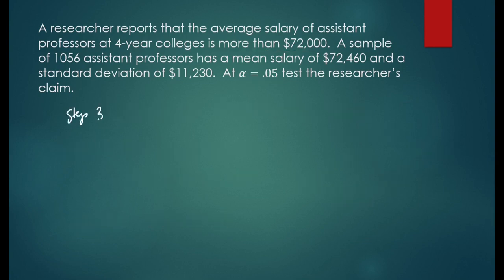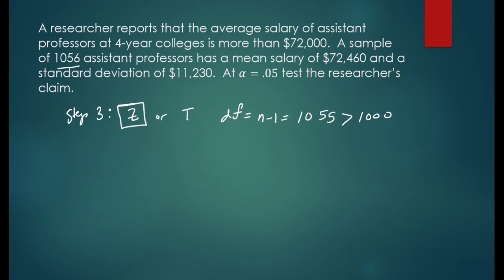Step 3, I'm going to decide if I use Z or T. That depends on the degrees of freedom. In our problem, we have 1,056 assistant professors, and minus 1 gives us a degree of freedom of 1,055, and that is clearly greater than 1,000. So we're going to use Z in step 3.